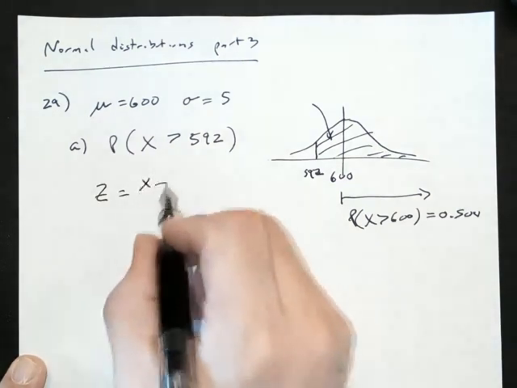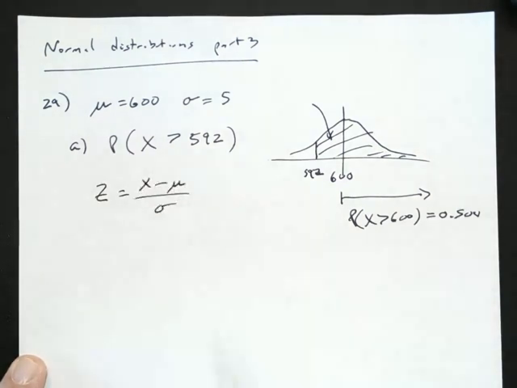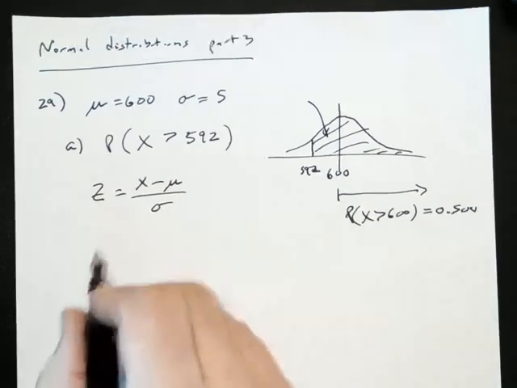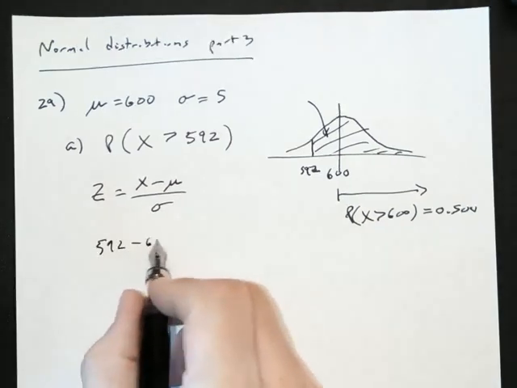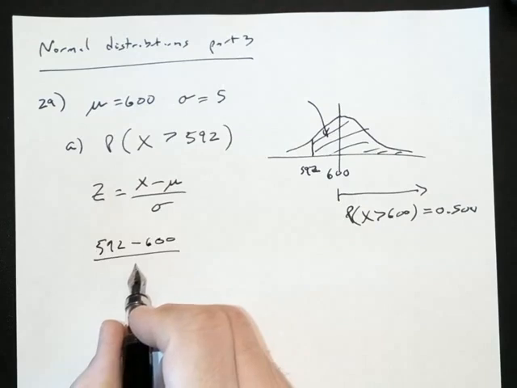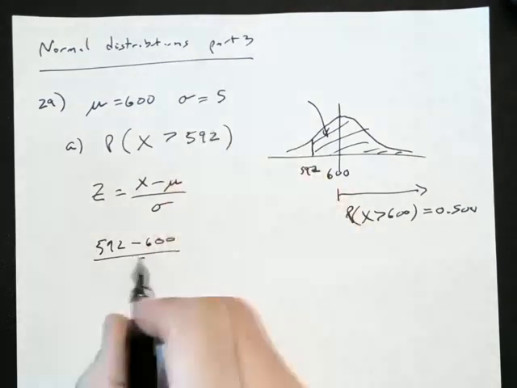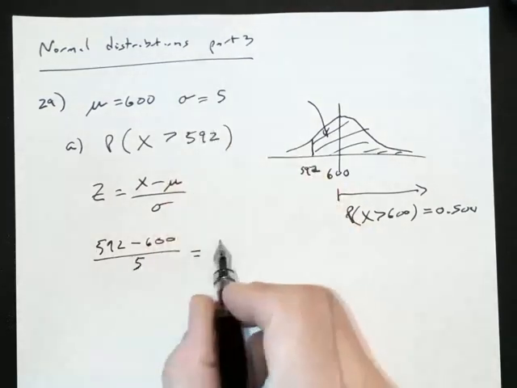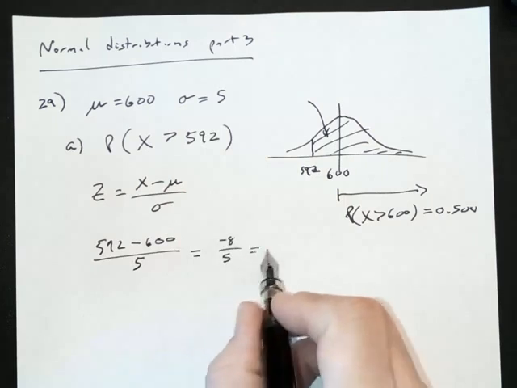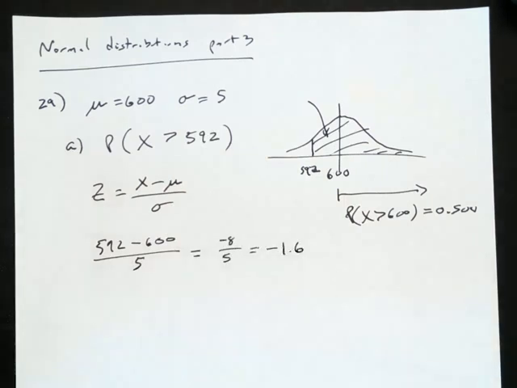Right, it's always X minus mu, and then I divide by sigma, which is 5 in this case. So that's negative 8 over 5. That's negative 1.6.